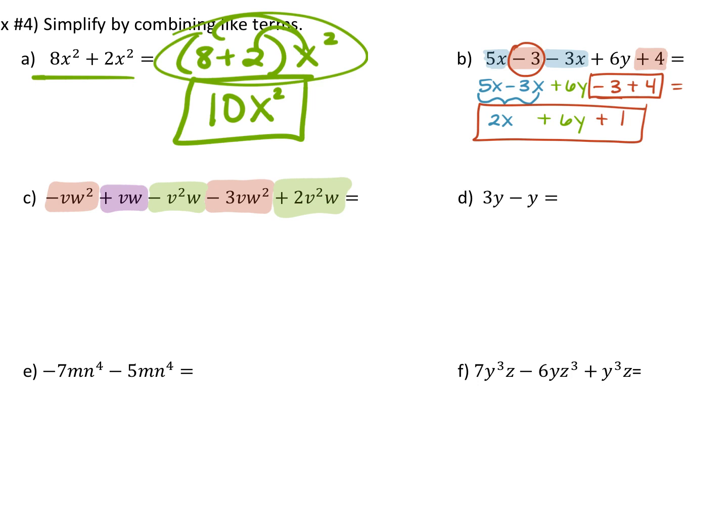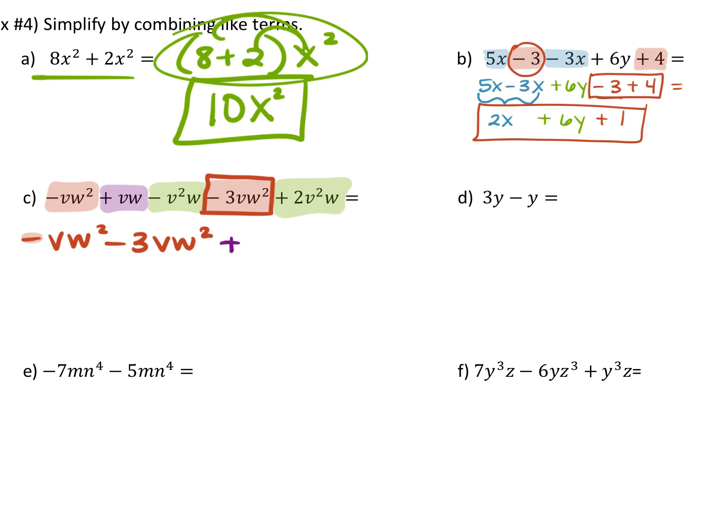Again, if you want to rewrite the problem, put your like terms together. So I could say negative VW squared. What would come after that? Minus 3VW squared.